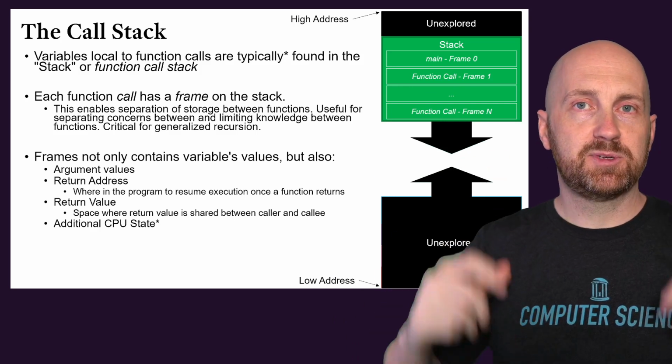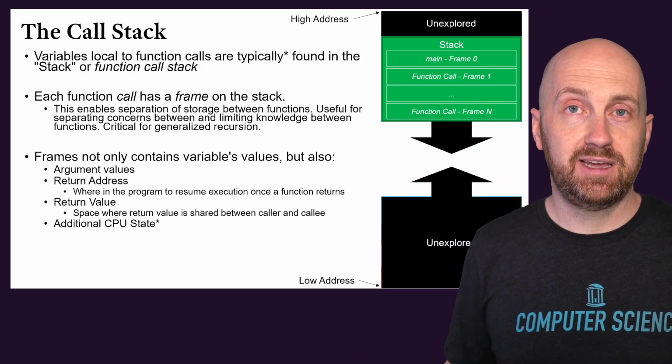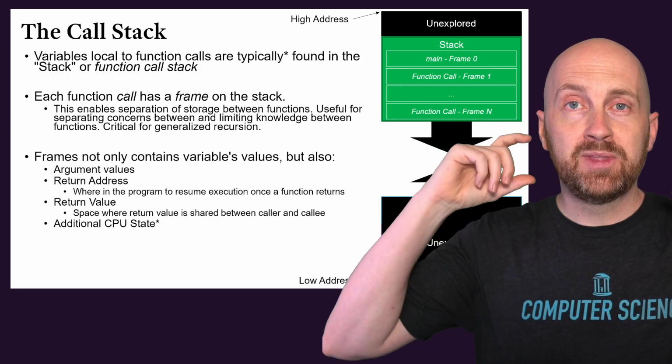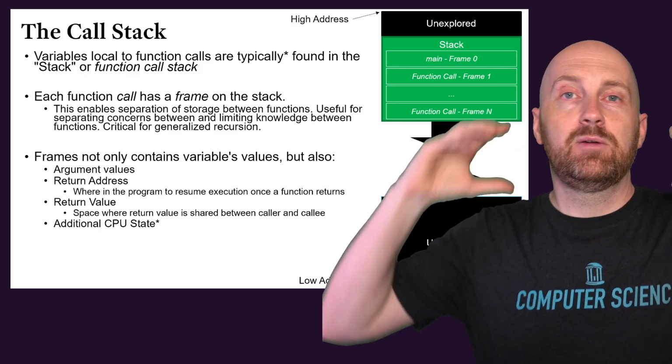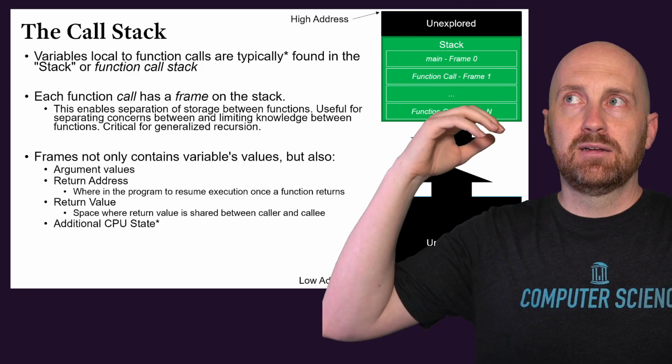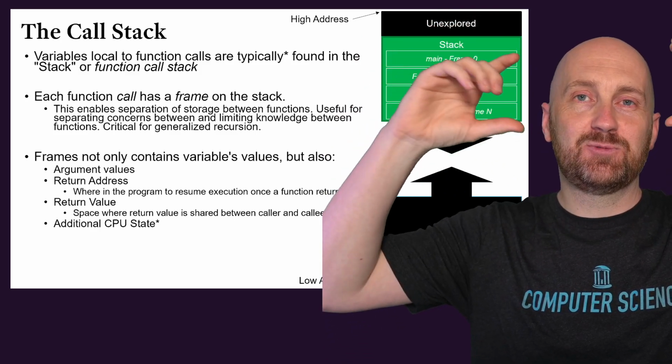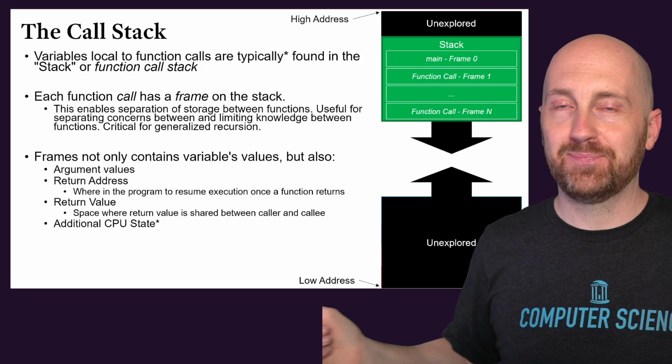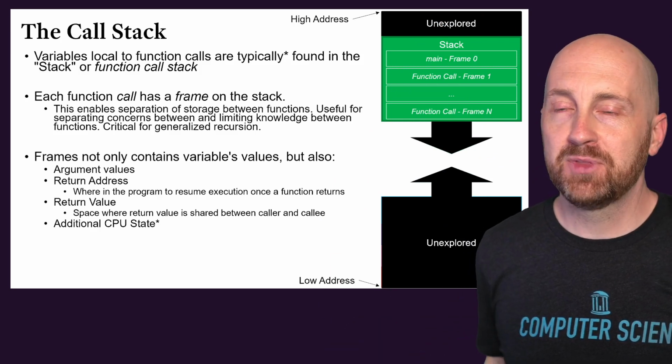So there's going to be some space in the middle where once the function has figured out its return value, it will drop it there. And then when control returns back to the caller, that's where it will be able to access the return value, and the program will pick up from there.